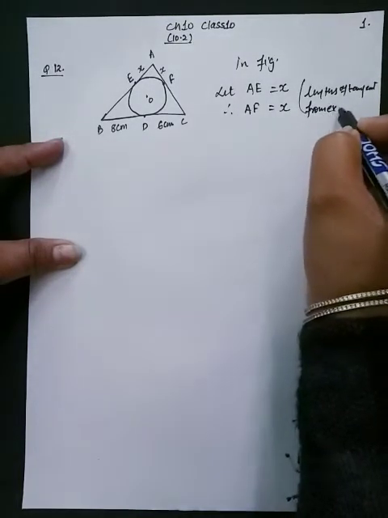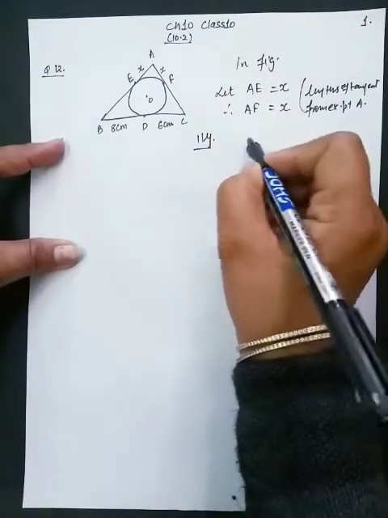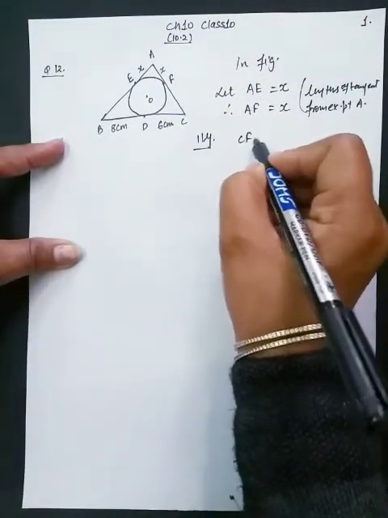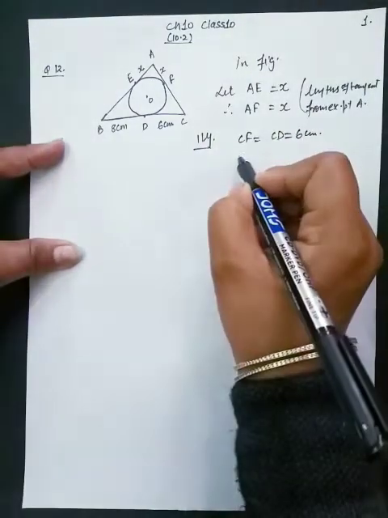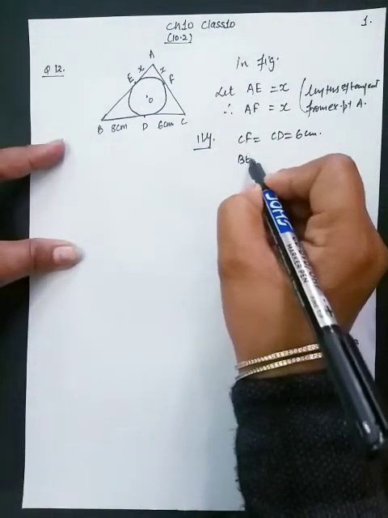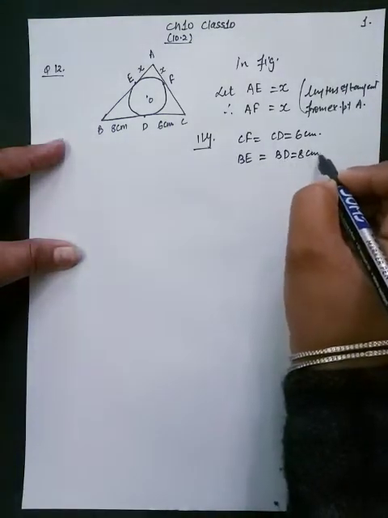from exterior point A. Similarly, CF is equal to CD is equal to 6 centimeter and BE is equal to BD is equal to 8 centimeter.